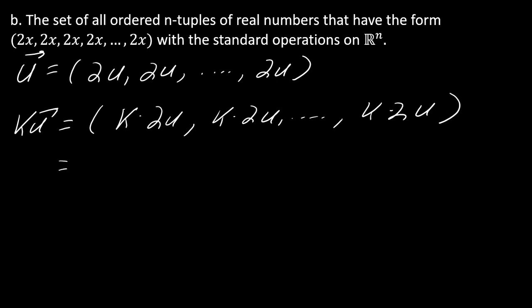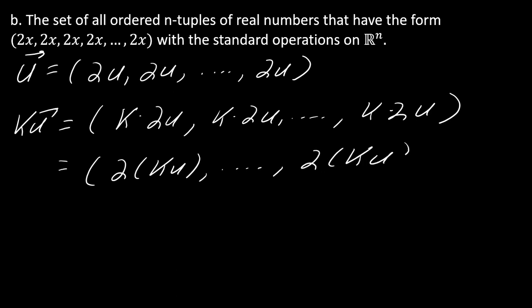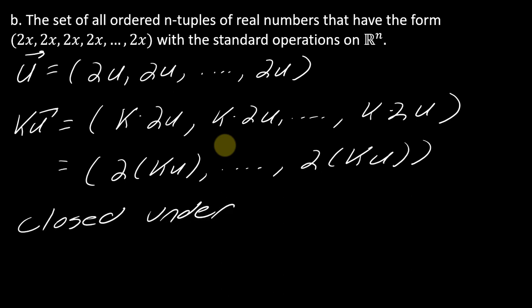And this is all good because this is still in the form, right? Because I could just rewrite this as 2ku, 2 times ku. So this still follows this form here. So we're good to go. So we are closed under scalar multiplication.